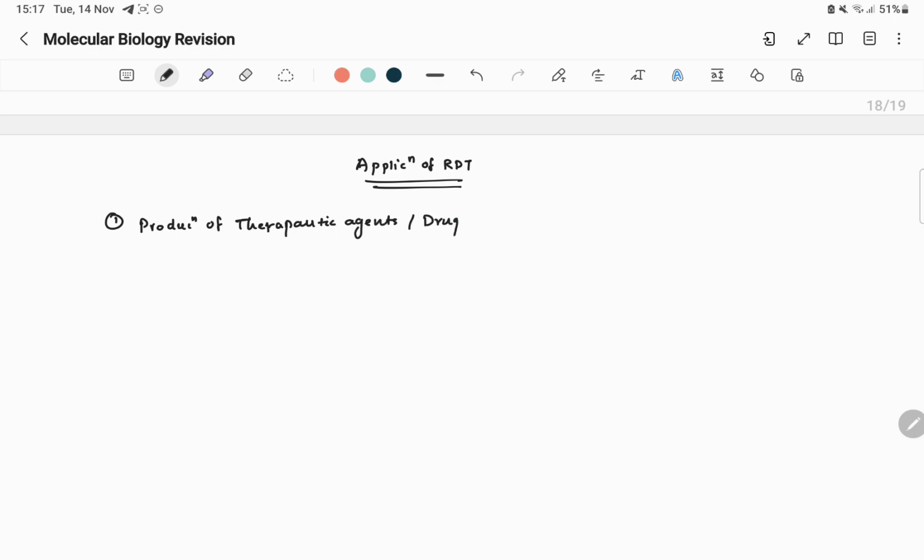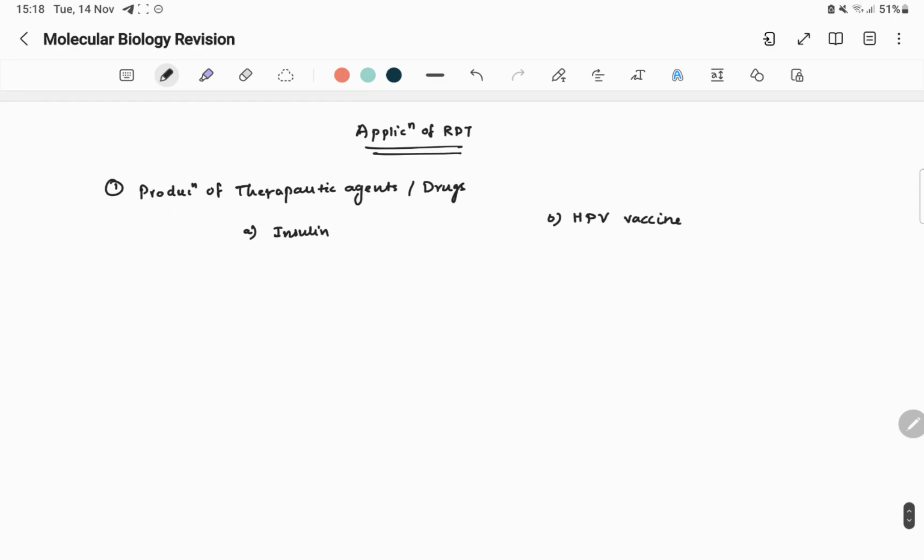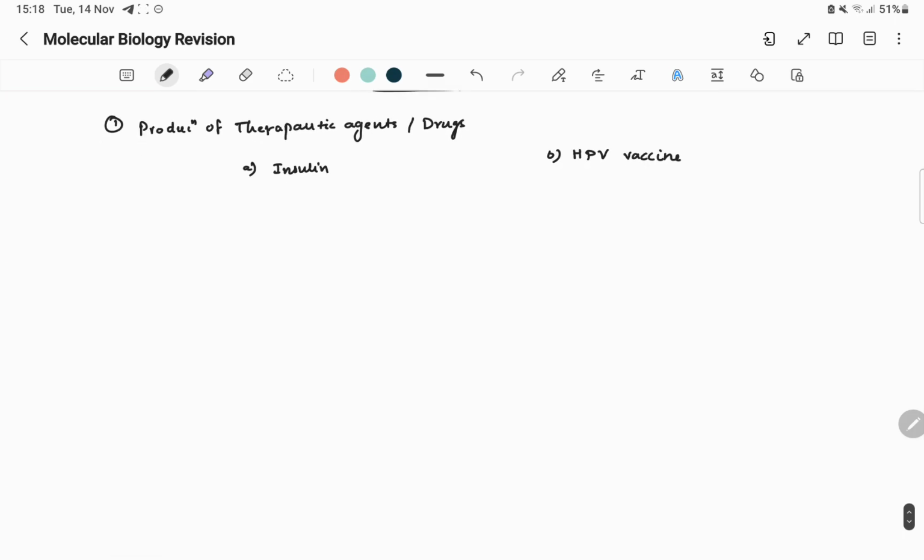Drugs like your insulin, your hepatitis B vaccine, and your DNA vaccines. So these drugs are produced by recombinant DNA technology.